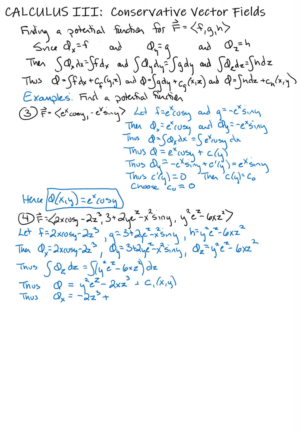Now when I take the partial with respect to x, I'll call it C1x prime. But it could still have x's and y's. But remember that this partial has to be equal to 2x cosine y minus 2z cubed.